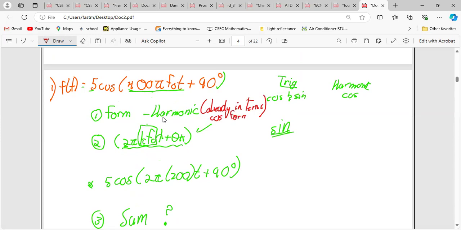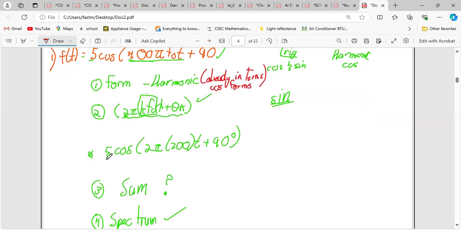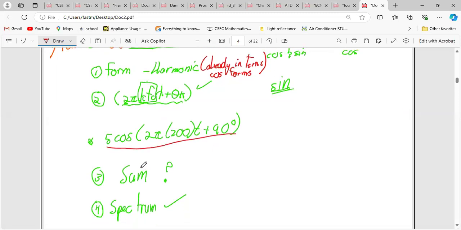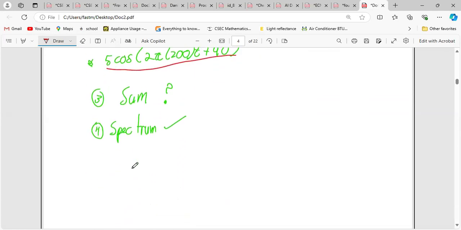If it was in the sine form, I'd have had to convert it to cos form, which is a shift, as you'll see when you do the questions. Then check to see if the 2 pi factor is inside the bracket. Luckily for us it wasn't, so we had to factorize it. So I show that here: we get the 2 pi, 200 is the k f naught, which is your harmonic frequency, and you have a phase of 90 degrees. As for the sum, luckily for us it didn't have a negative, so we go ahead and get the spectrum.